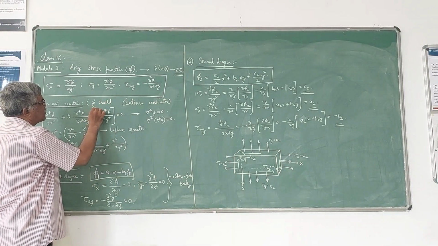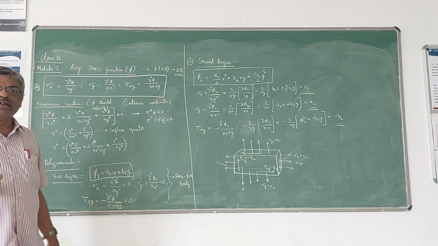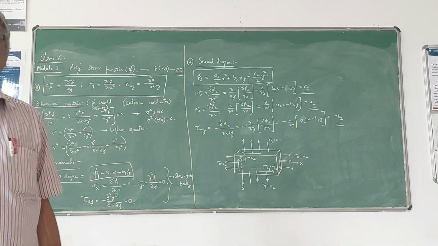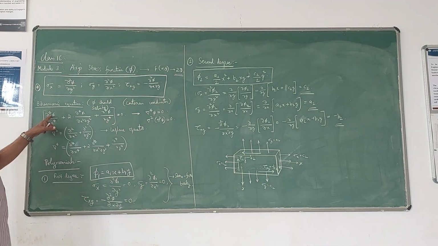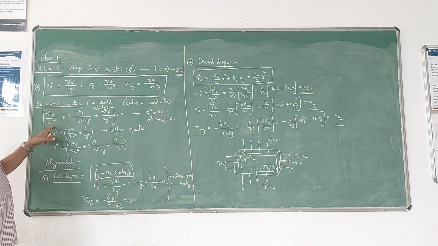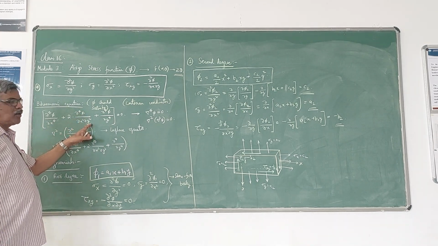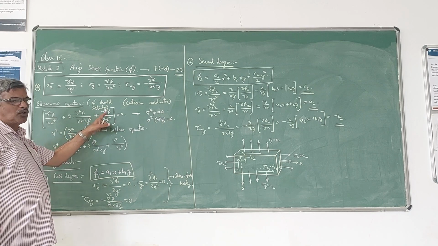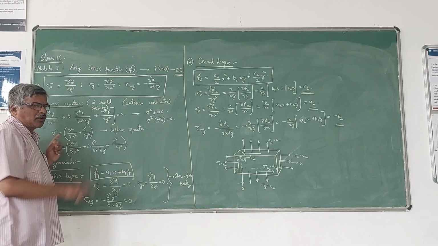Harmonic means it is second degree. Biharmonic means it is fourth degree. So here you can see that this is the biharmonic equation: del power 4 phi by del x power 4 plus 2 times del power 4 phi by del x square del y square plus del power 4 phi by del y power 4. This should be equal to 0.